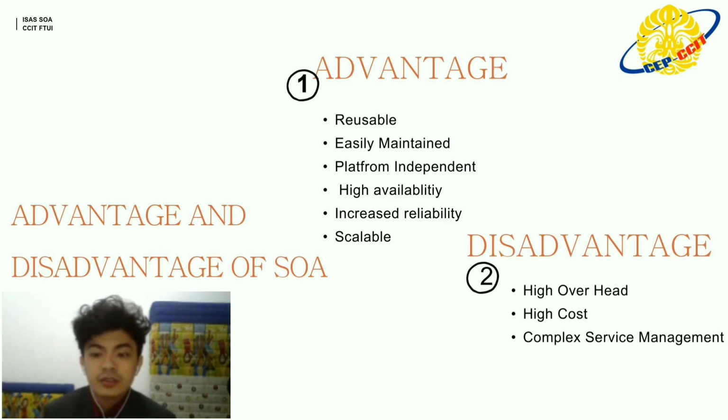And then the disadvantages. The first one is high overhead. Service-oriented architecture has high overhead because the input has to be checked to make sure of its validity. The second one is high cost, because of the cost of the technology to use service-oriented architecture and the human resources.